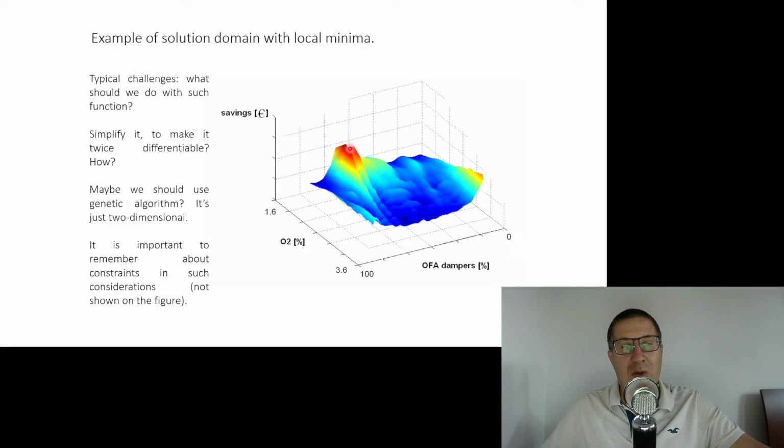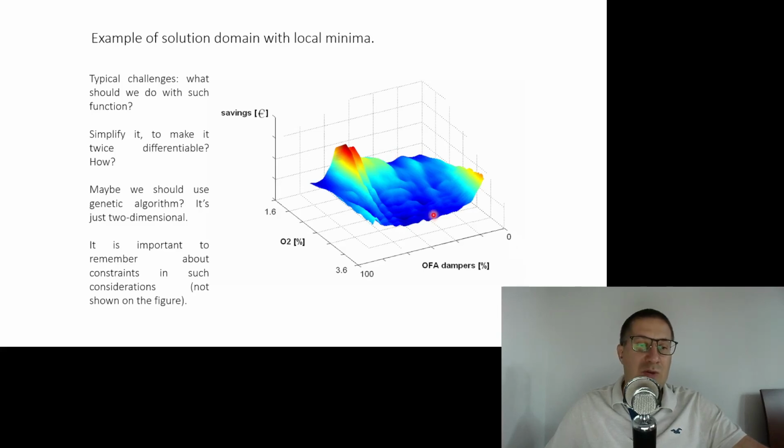So what can we do with this? Can we try to simplify it to make it twice differentiable? If so, then how? Maybe instead of those two peaks, we can approximate it by the Gauss function, who knows, or the sum of Gausses, or another function that is twice differentiable. This part we can treat as a plane. Who knows?